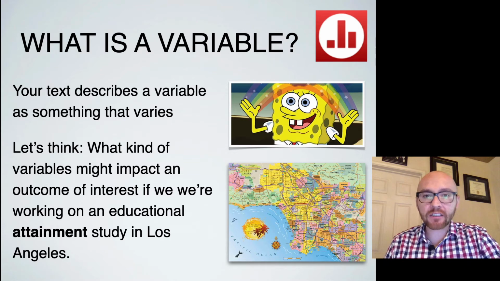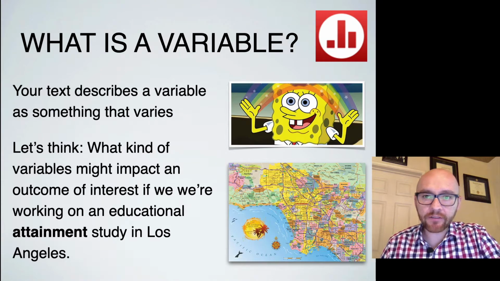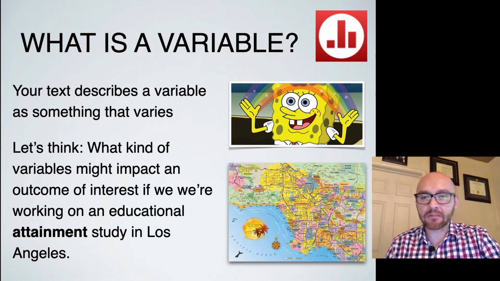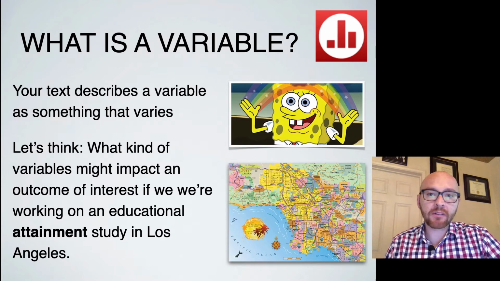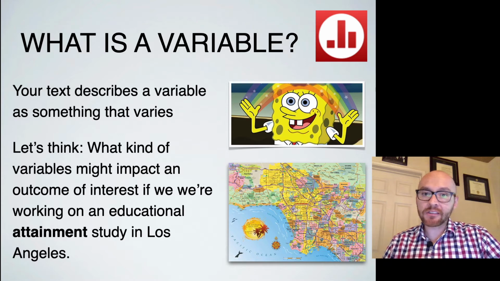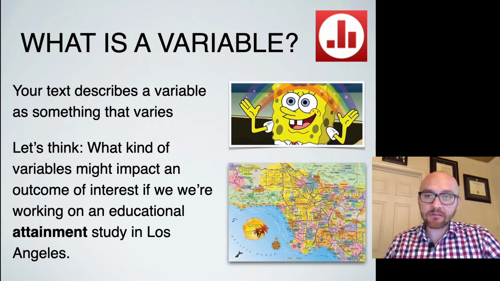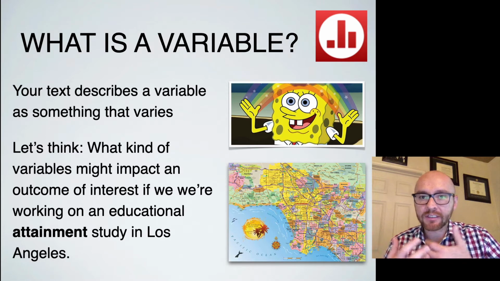So factors that influence or are related to educational outcomes, right? So think about that. What could that be? That could be income level. That could be the school district that you live in, right? Or the community you live in. Think about what else could influence educational attainment.